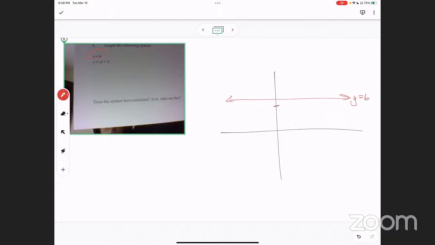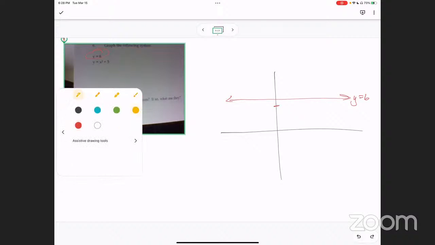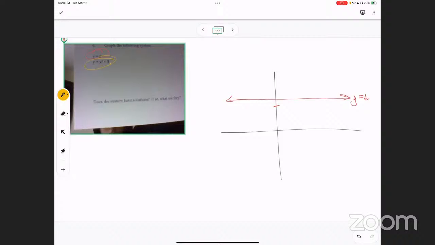So it's going to start at 5, right? Your vertex is going to be at 0, 5. You understand that? Yeah. And then, let me change that color. It's 0, 5. Because this is kind of like saying (x - 0)² + 5, right?